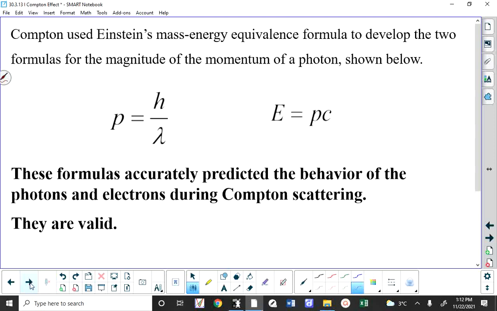I want to make it very clear. I might show you in a second where these formulas come from, but they work. When Compton did his experiment and he looked at conservation laws like energy and momentum, and he applied these formulas, it turned out that they accurately predicted the results of his experiment. So these formulas are valid.